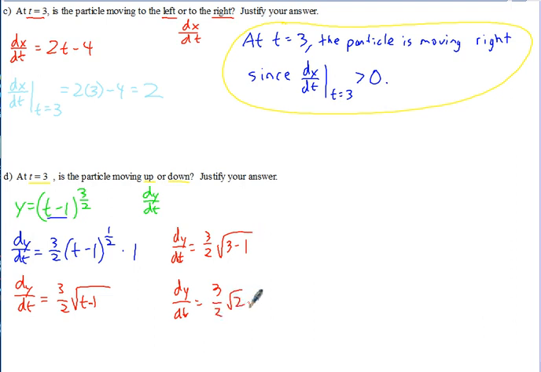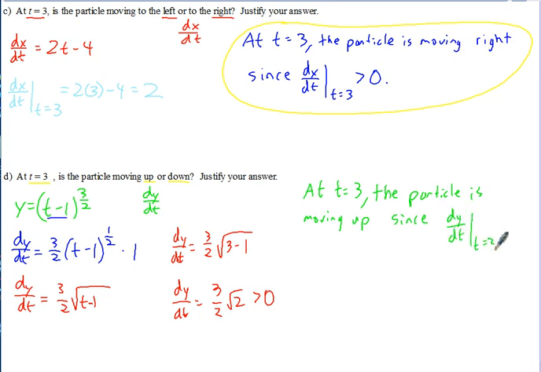This time we don't really have to estimate what it is because we can tell that's positive, greater than 0. So we can say at t equals 3, the particle is moving up, and the reason would be since dy dt, specifically at time equals 3, is greater than 0.